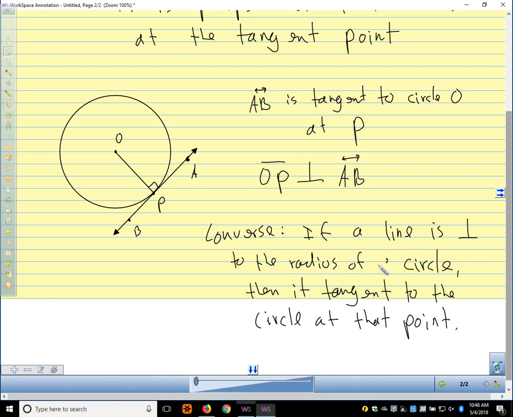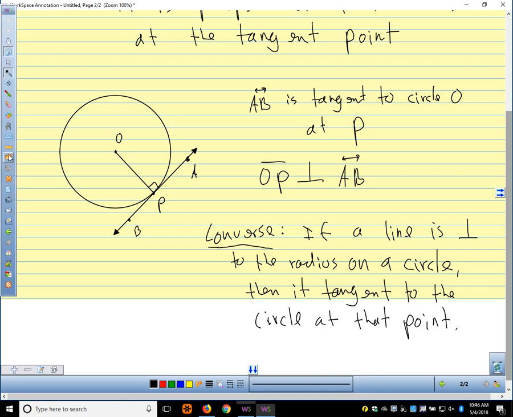And instead of at, I'm going to say on. So the line is intersecting the circle right on the circle. So the big idea here is that tangent lines are perpendicular to radii.